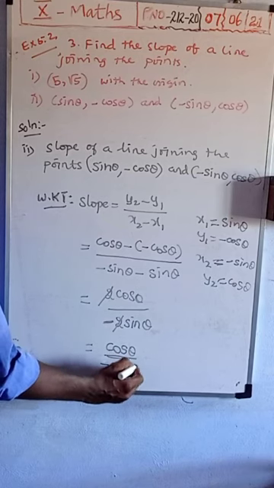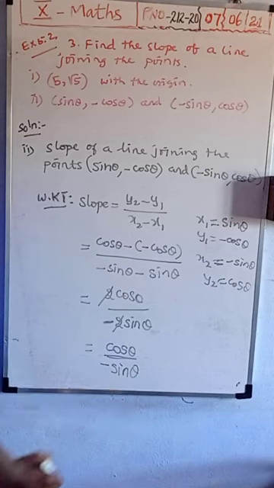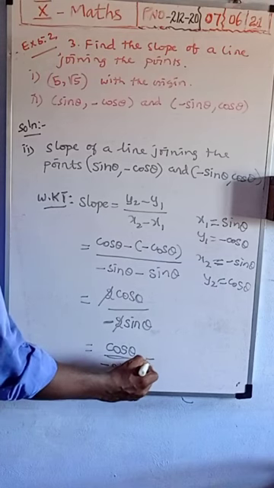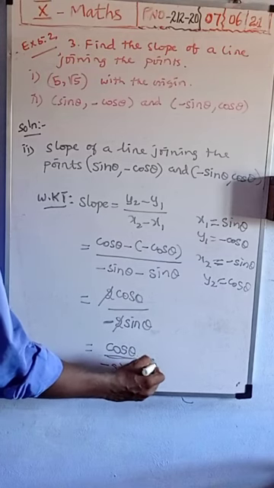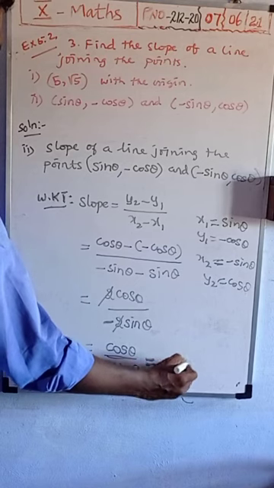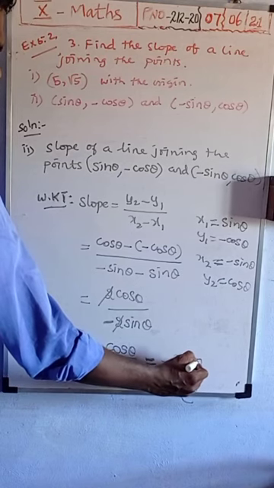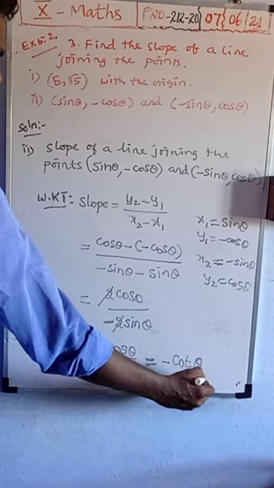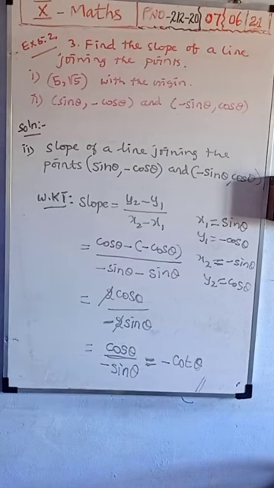Cos by sin we can write as cot theta, so we get minus cot theta. Therefore, given two points, joining them gives a line, and from that line the slope we received is minus cot theta.